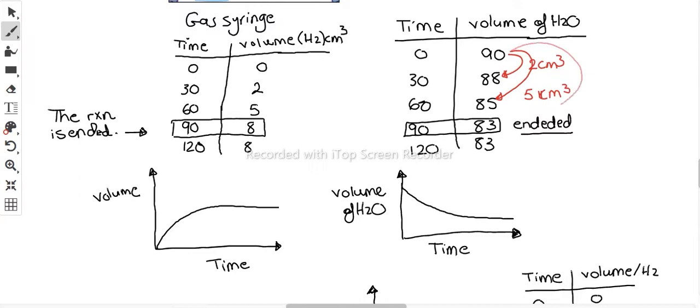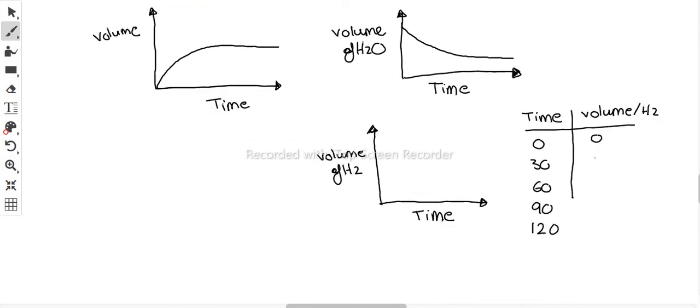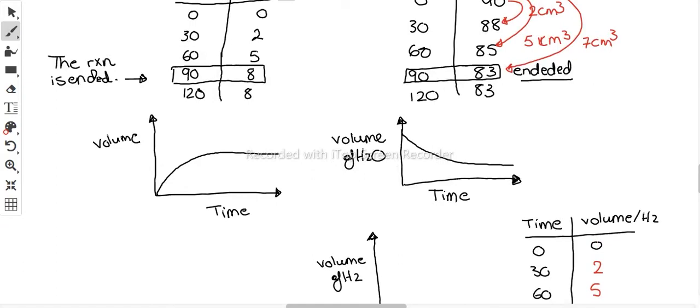Now you have 90 minus 83, which is equal to 8 cubic centimeter. Sorry, it's 7 cubic centimeter. So now I have my values. I have 2, 5, 7, then it becomes another 7 as the chemical reaction reaches completion.